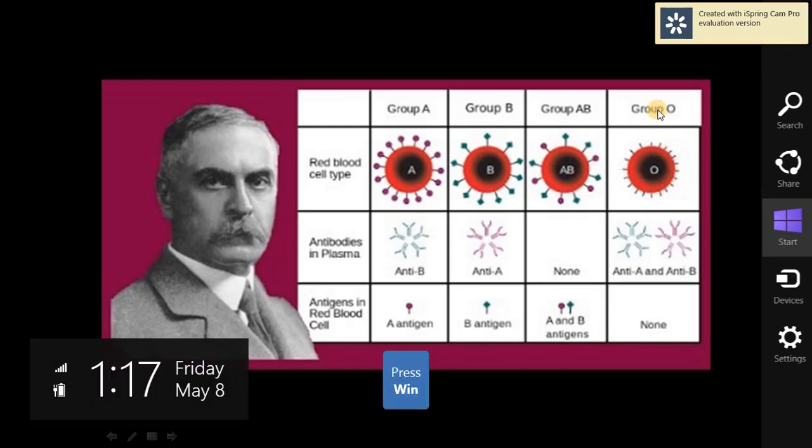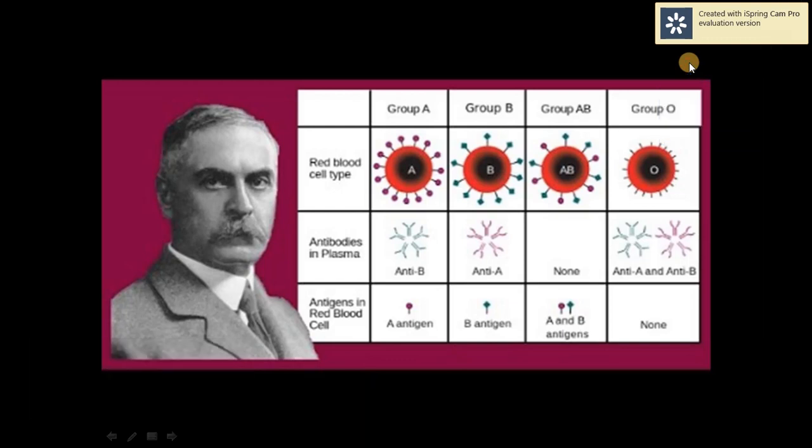Okay, after that, while carrying out his study on the antibodies, he even studied the plasma. When you take blood from a person, you have the plasma as well as the cellular element. So while studying the plasma, he was able to find out that the individuals with blood group A, their surface antigens were A. Yes or no? They had antigen A on the surface of the RBC.